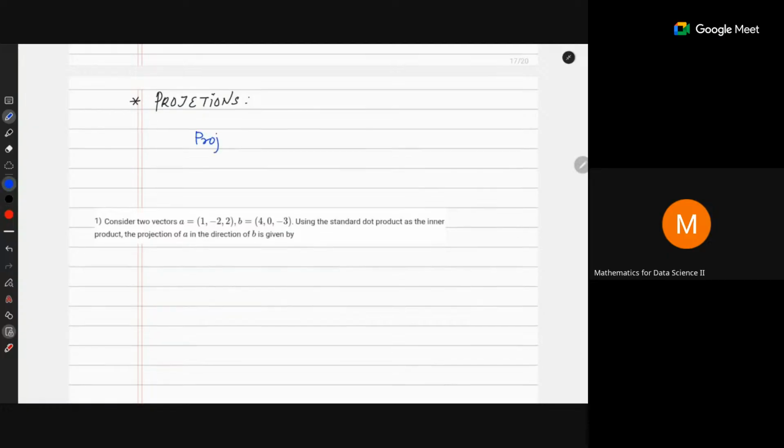The projection of a vector v on a vector w, so projection is always onto some vector, is defined to be the inner product of v and w divided by the norm of w squared, in the direction of w.